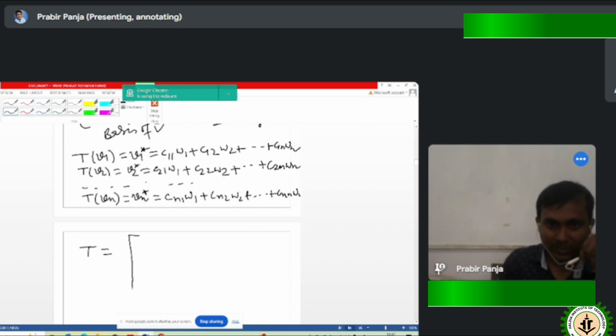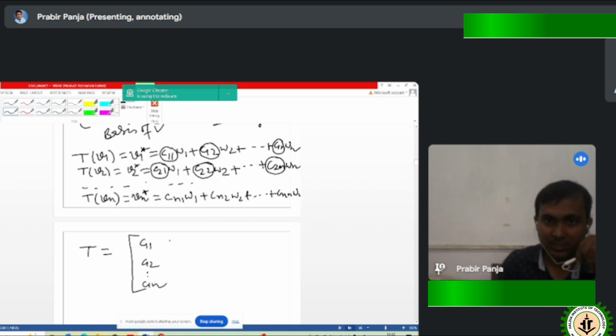So here all the terms C11, C12 up to C1n are constants. So we'll write these constants column-wise: C11, C12 up to C1n. Similarly, from the second equation, we will take all the constants C21, C22, up to C2n, and we will write them column-wise.